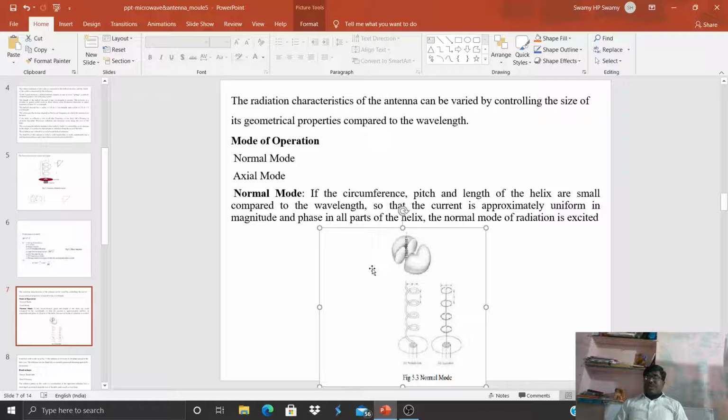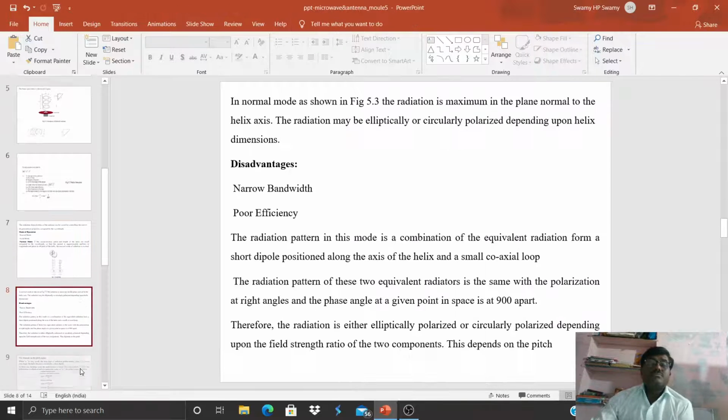Then we say the helical antenna is working in normal mode. Radiation is like this, which is always along the axis of the helix.